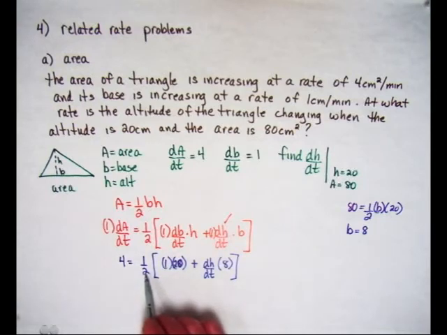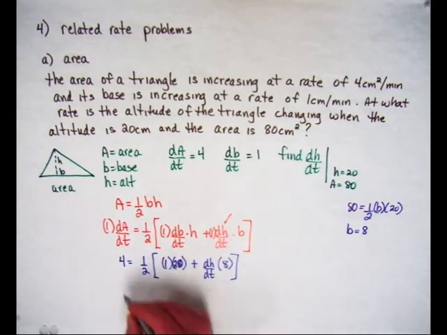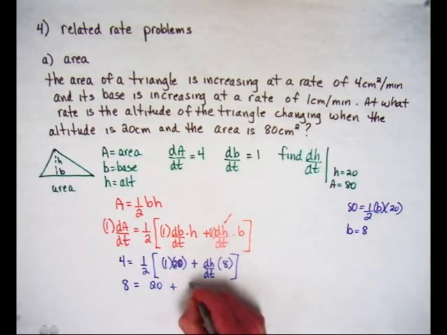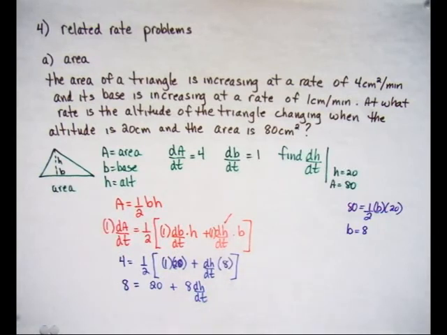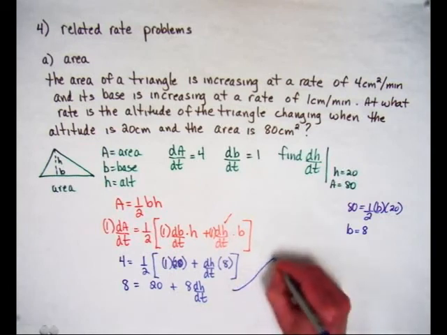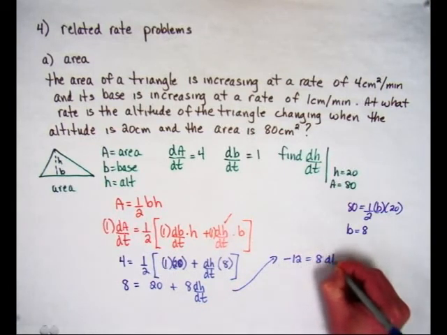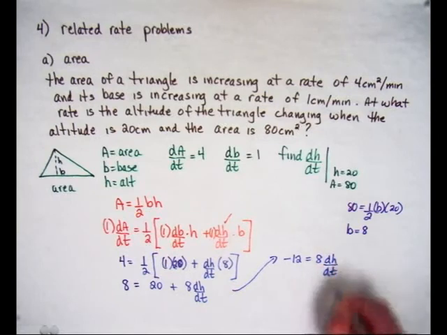We could distribute the 1/2 into the bracket, but it's probably just as easy to multiply both sides by 2. If you do that, you'll just get 8 equals 20 plus 8 dH dt. Subtract the 20, we get minus 12 equals 8 dH dt.